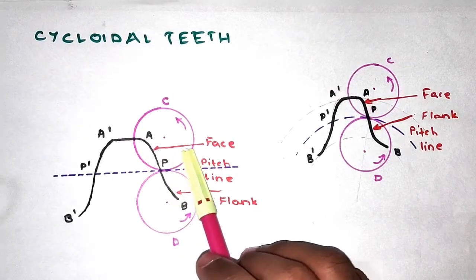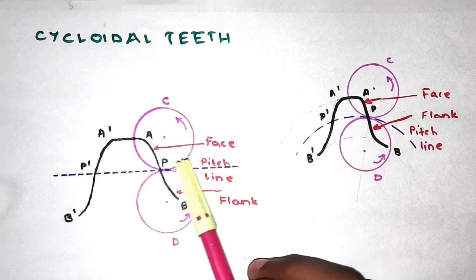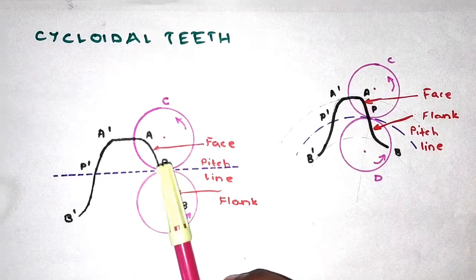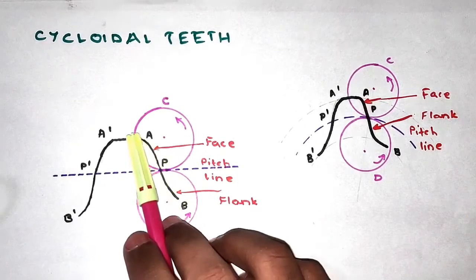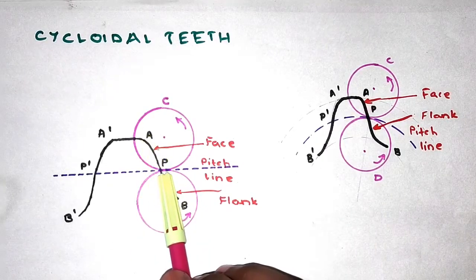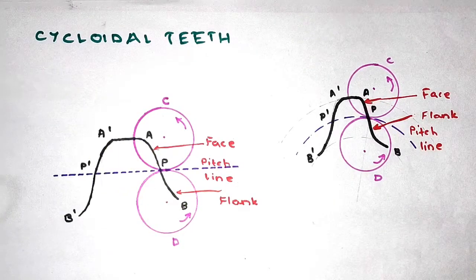This is the point P which rolls above this pitch line in this direction, that is counterclockwise, as indicated here. Then this point P on the circle traces an epicycloid PA. So this PA represents the face of a cycloidal tooth profile.